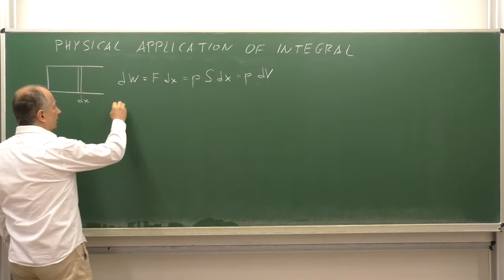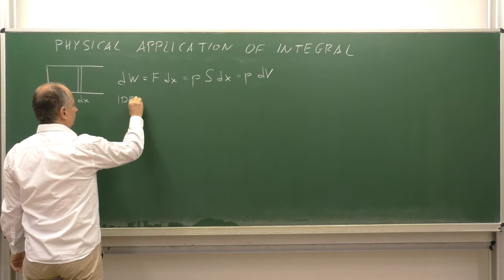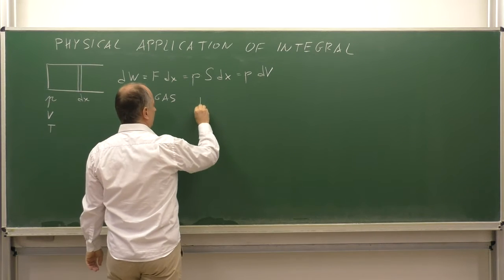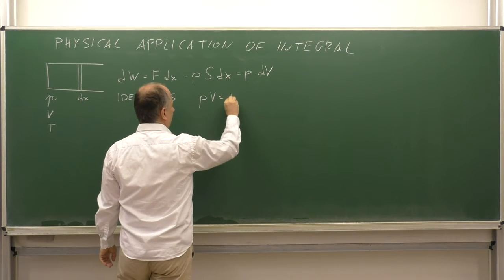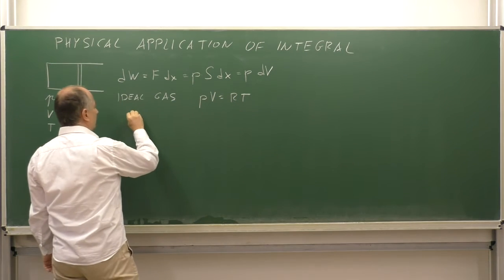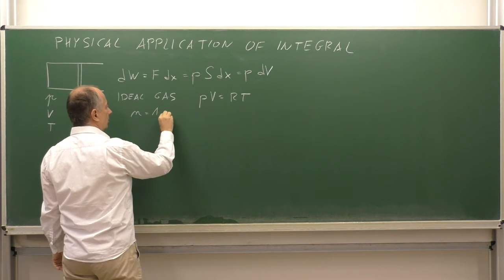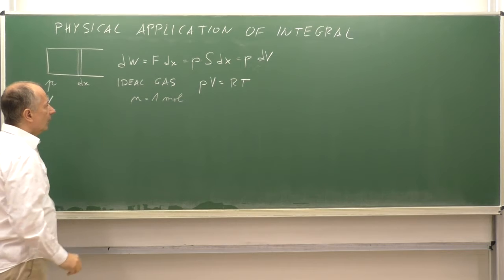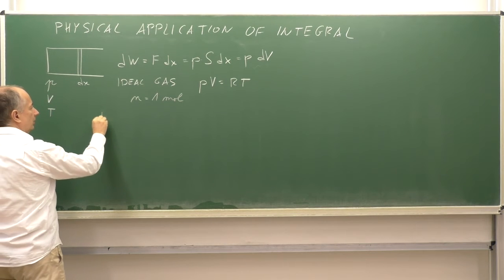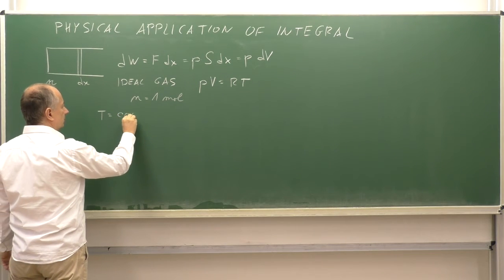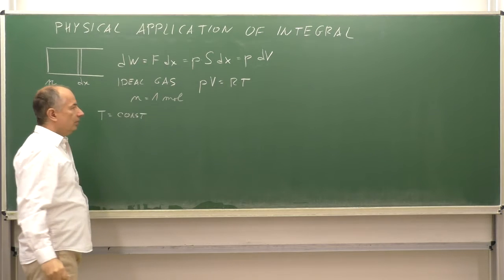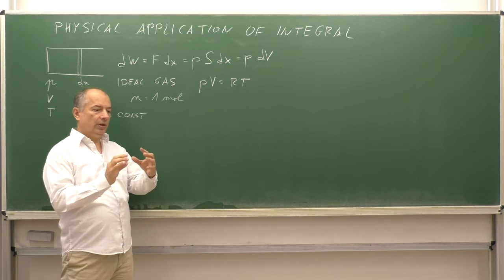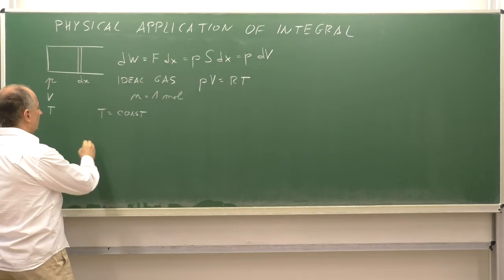Now consider the ideal gas described by the state equation PV is RT, assuming we have 1 mole of the gas. And assume that the temperature is constant, and we want to find the mechanical work done by the gas when it expands the volume.